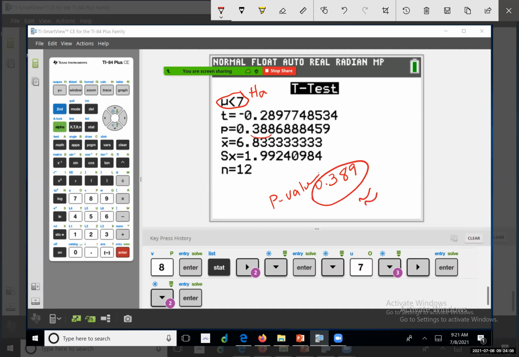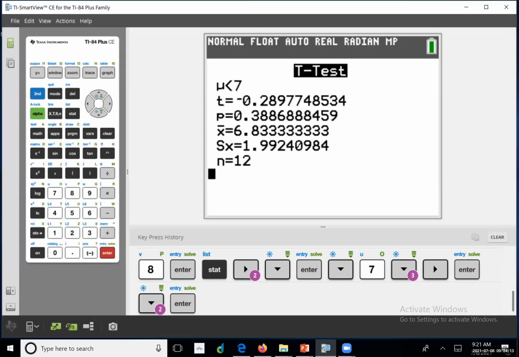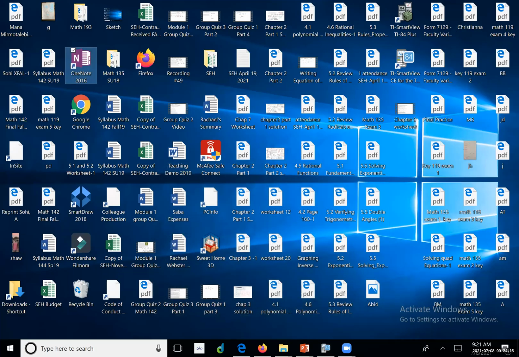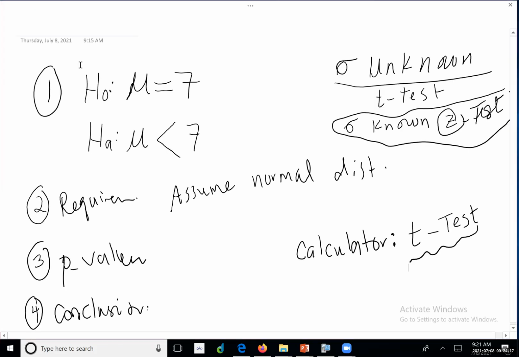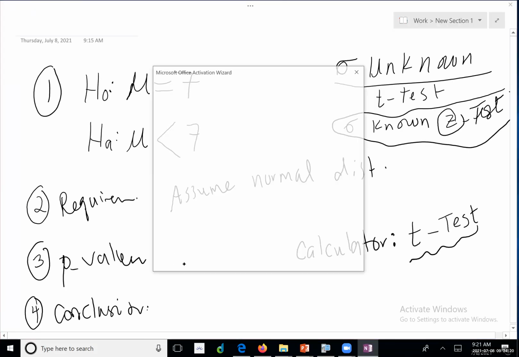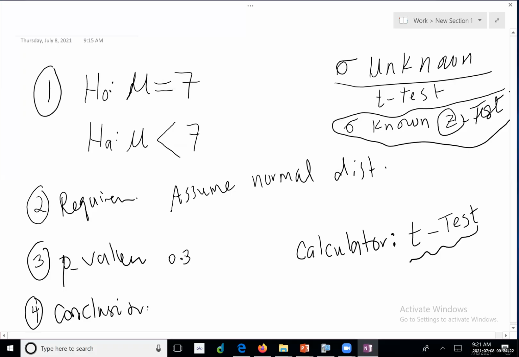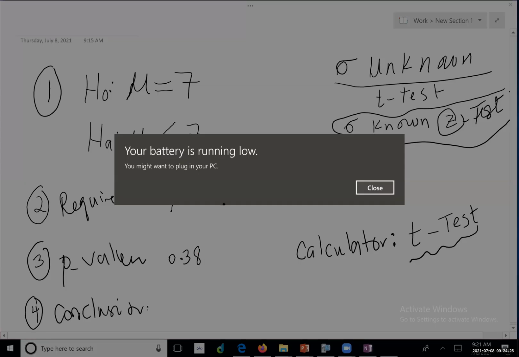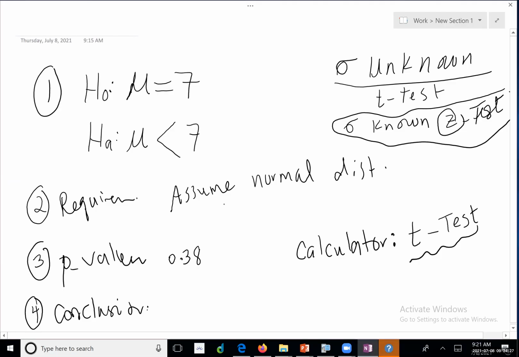Or you can round it to 0.4 if you want in this case. Then compare this with 5%.